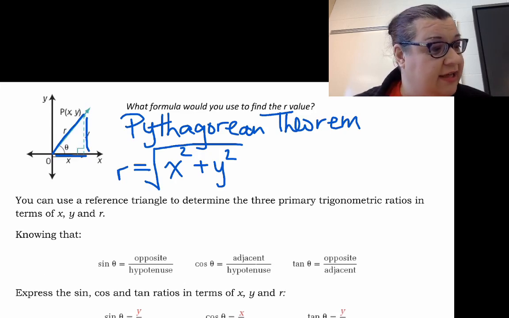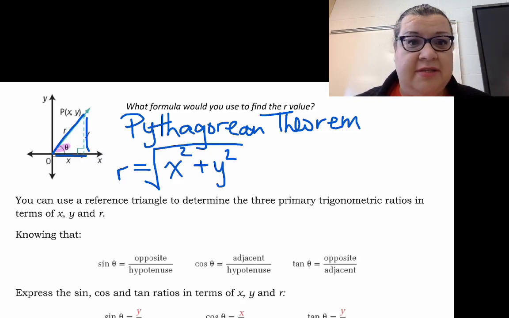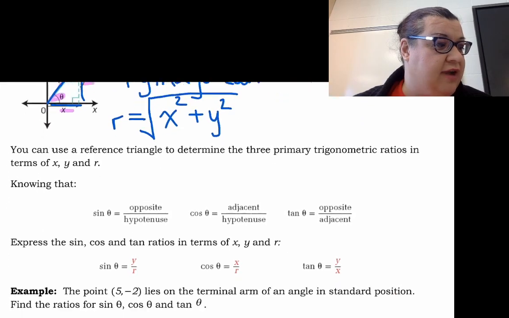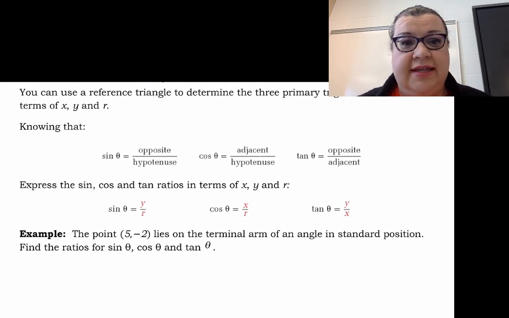All right, so if we're thinking about theta here, what's the opposite side to theta? Well, that's y. What's the adjacent side to theta? Well, that's x. And of course, we've already talked about how the hypotenuse is r. So that means that we can then rewrite the three trig ratios like this. Sine theta is equal to y divided by r.